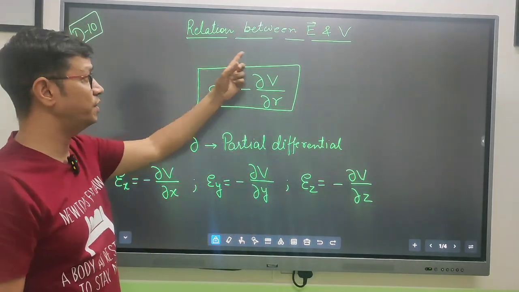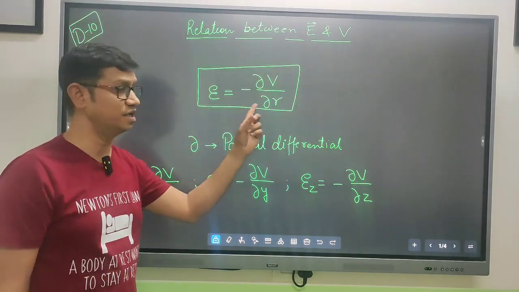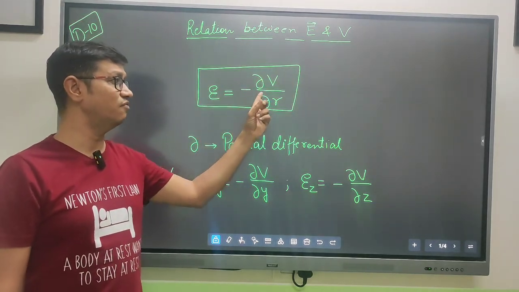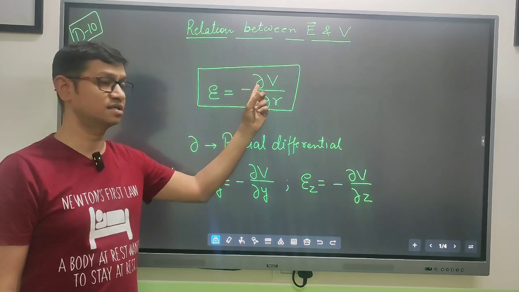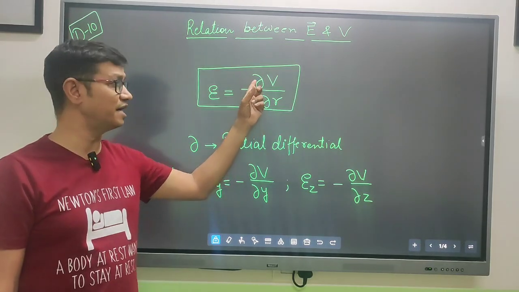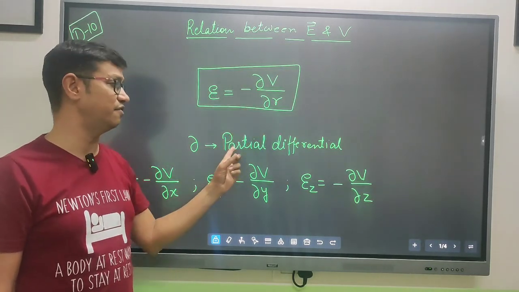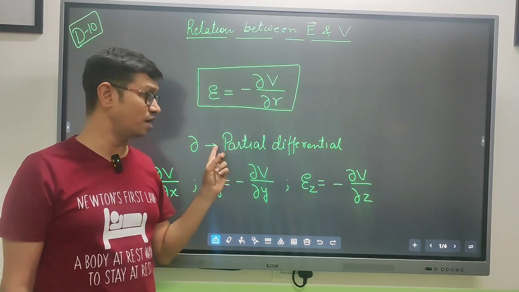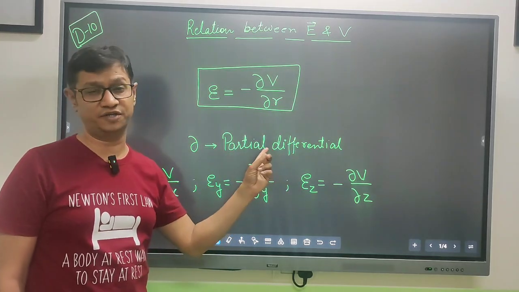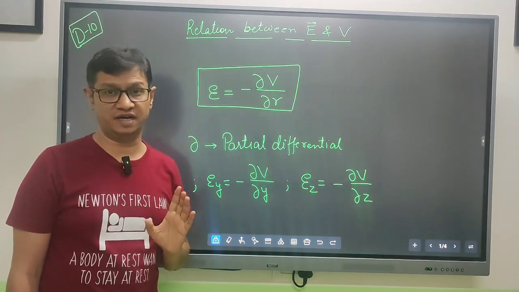Okay, relation between E and V. So we are talking about this relation: E is equal to minus del V over del r. Del is differentiation only; it's like dV by dr, but it's a partial differentiation. We have spoken at length about this partial differentiation in our regular offline classes.